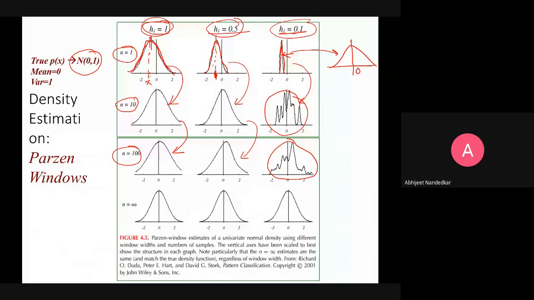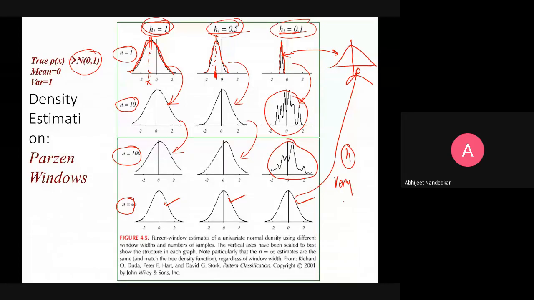Now theoretically, if I go with infinite samples of the normal distribution, and if I take any window width, in that case I get the perfect estimation, which is the original one. So what this discussion tells us is that choosing h is very important.